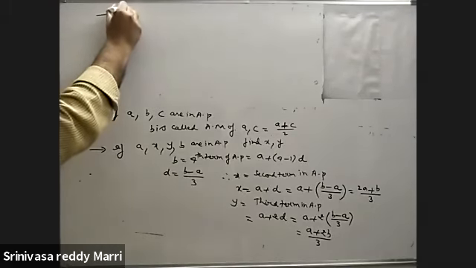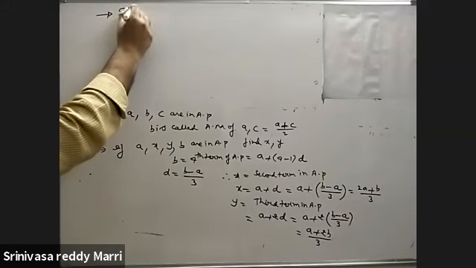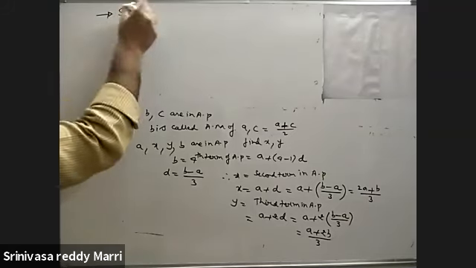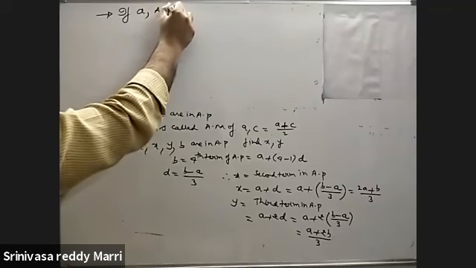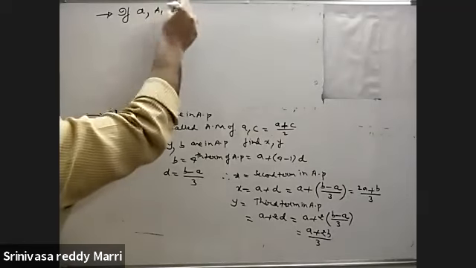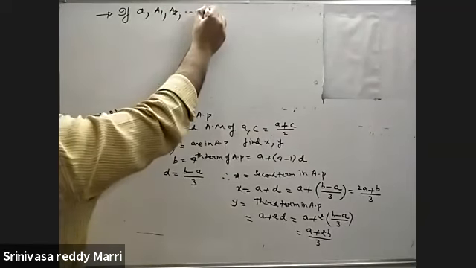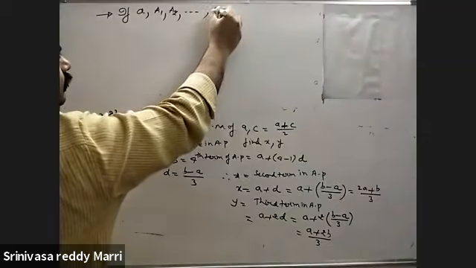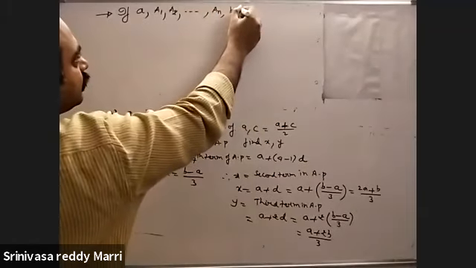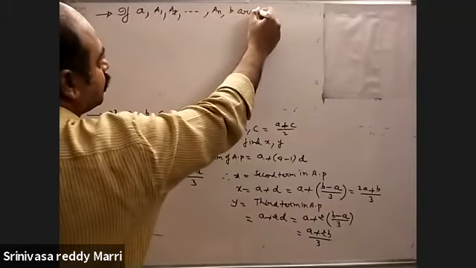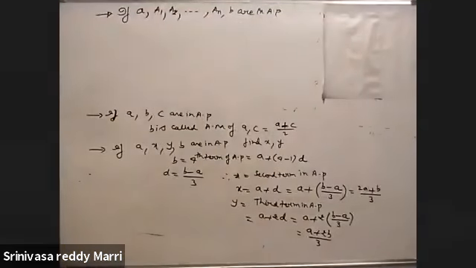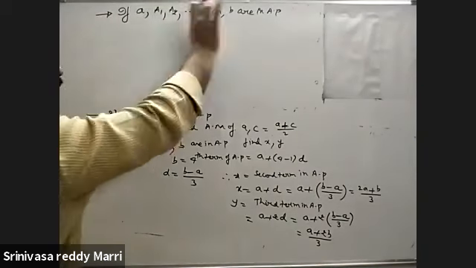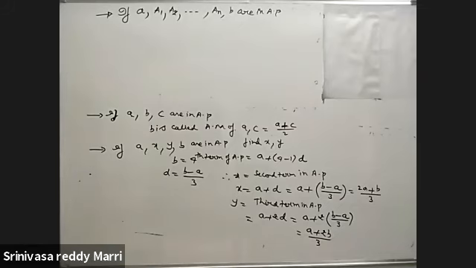Suppose A, A1, A2 and so on are in AP. Now look at between the first and last number, how many arithmetic means are there?